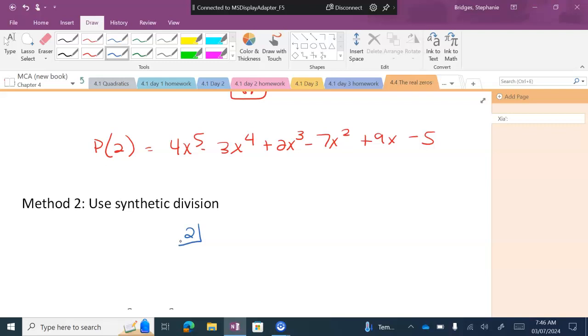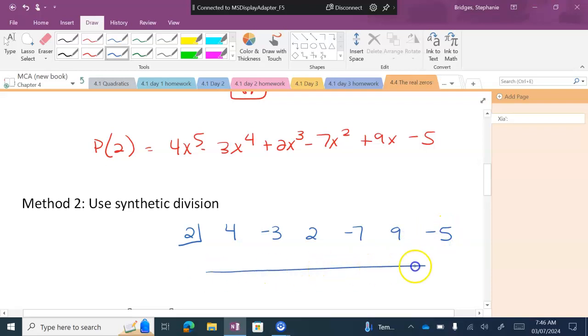I have x to the fifth, fourth, third, second, and first, right? And a constant. So the coefficient of my x to the fifth is 4. X to the fourth is -3. X to the third is 2. X squared is -7. X to the first is 9. And my constant term is -5.